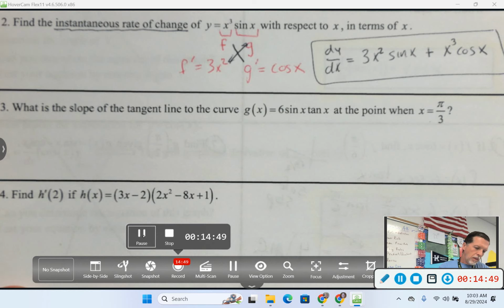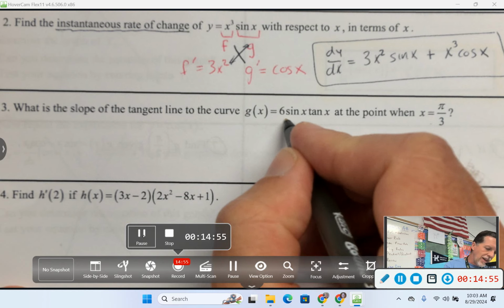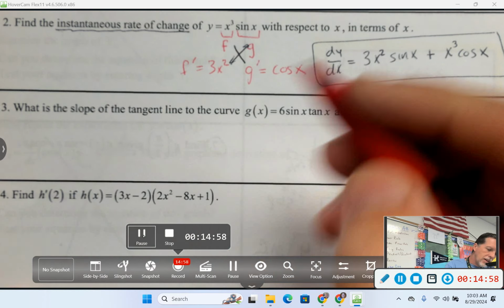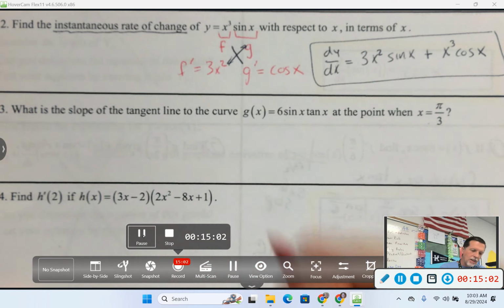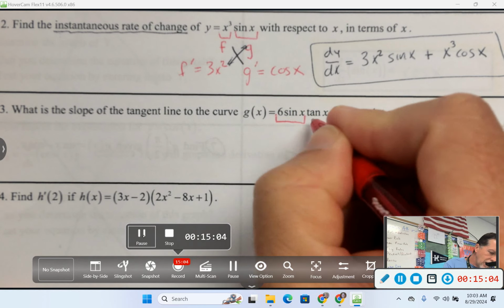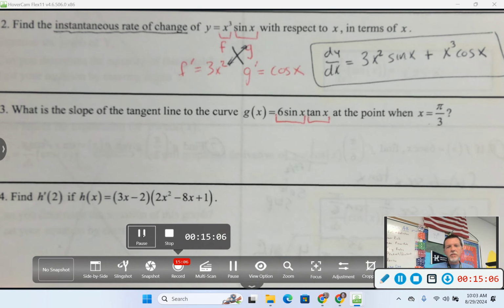Number 3. Number 3's got a 6 on there, and that sometimes throws people off. So it might be helpful, even if you don't specifically take the time to write it all out, to at least group them so that you know which one is f and which one is g.